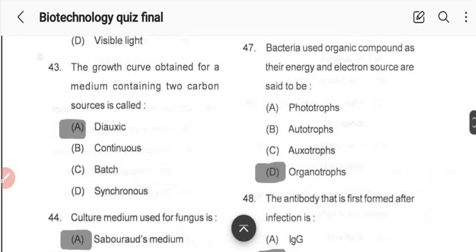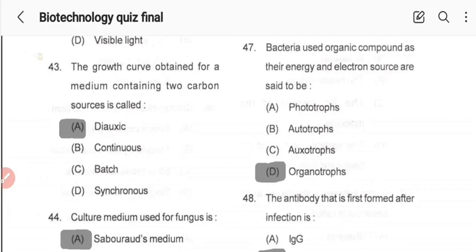Then 47, bacteria that use organic compounds as their energy and electron source are said to be what? Organotrophs. Those bacteria which use organic compounds as their source of carbon or source of food are called organotrophs.